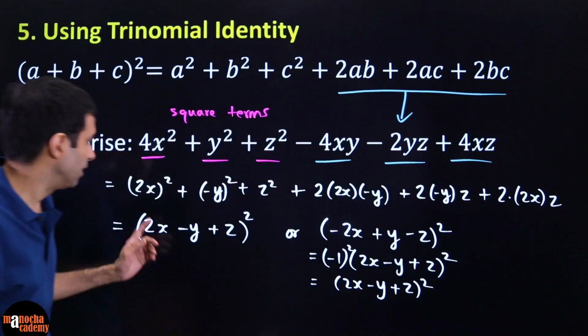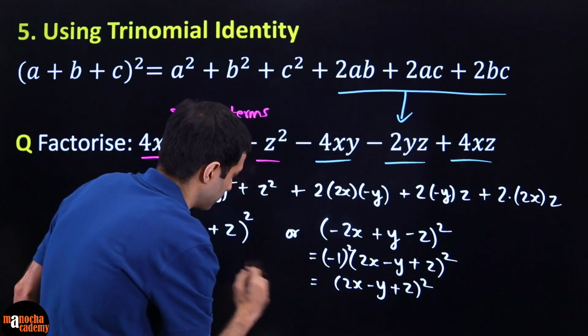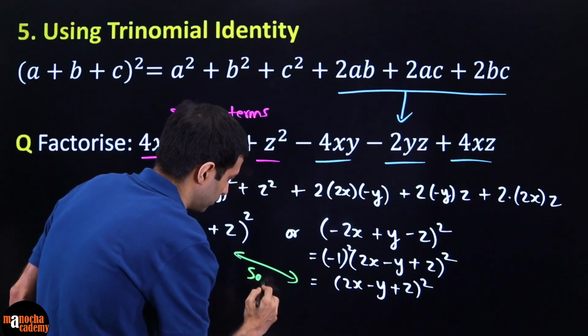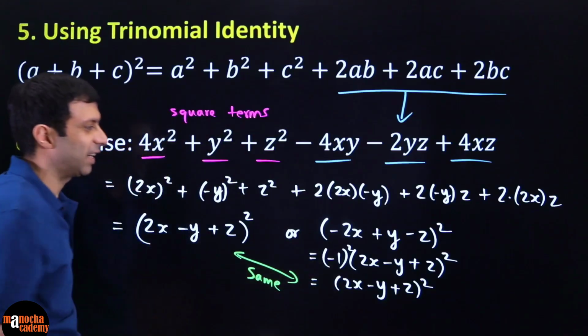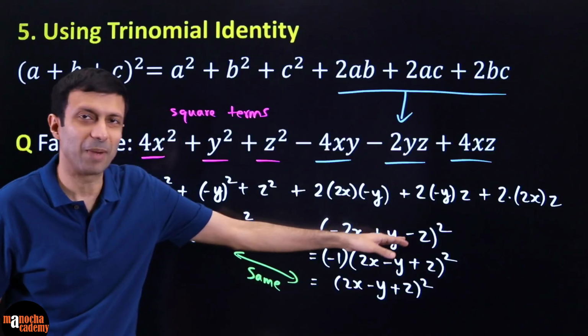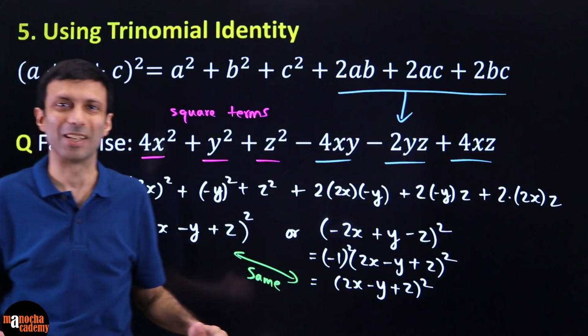So as you guys can see, this and this are the same. Both these guys are the same thing. So whether you take 2x minus y plus z or minus 2x plus y minus z, if you take that minus 1 out in common, you're going to end up with the same answer.